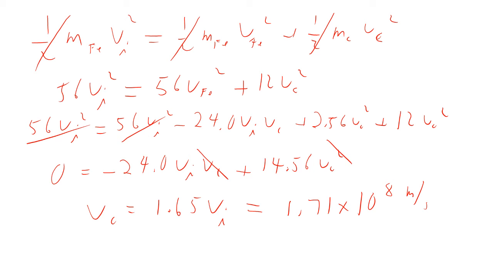Okay. We know that V sub Fe was equal to V sub I minus 0.214 V sub C. So we plug in those numbers and we get 6.74 times 10 to the 7 meters per second.